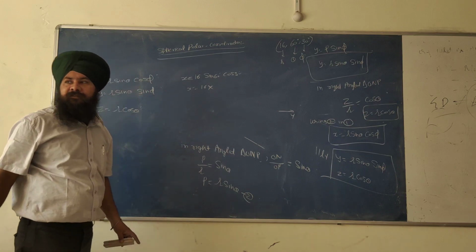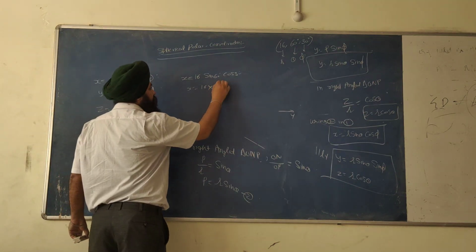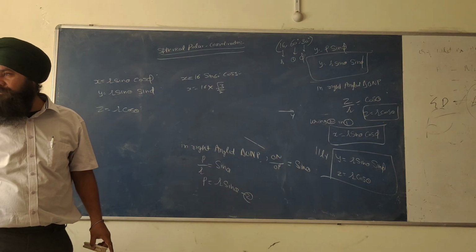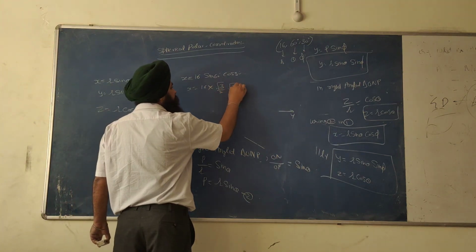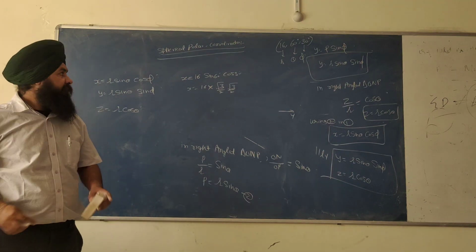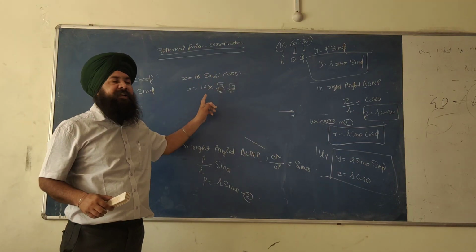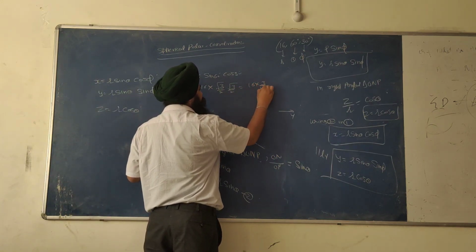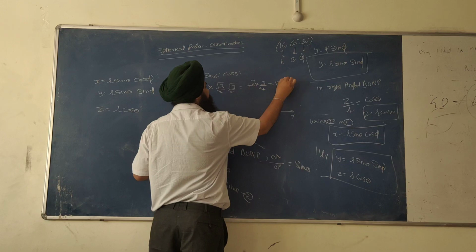What is sin 60? Root 3 by 2. What is cos 30? Cos 30 is also root 3 by 2. Same. So 16 into 3 by 4, that is 12.